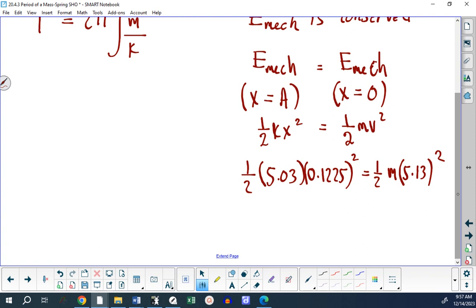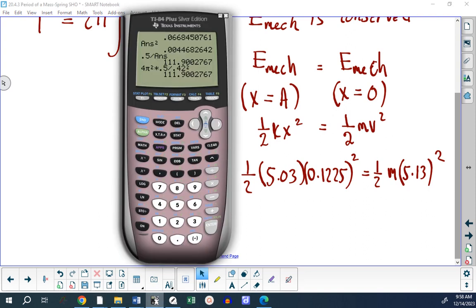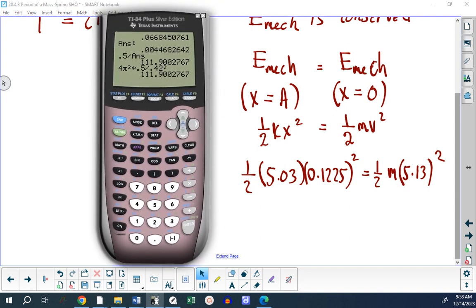And what I would like everybody to do is calculate the mass. That's quite an enormous speed for something that is only being displaced 12 centimeters from the equilibrium position. I think some of you know what's going to happen here in terms of our final answer. So the 1/2s are gone.